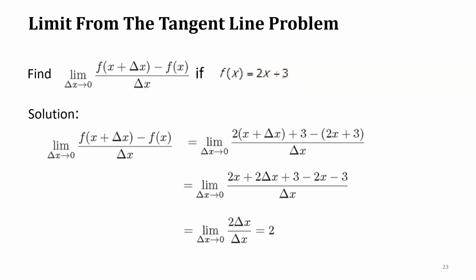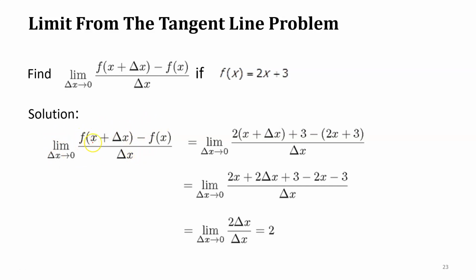Okay, now you need to find this limit when you are given f of x equal to 2x plus 3. So the solution is that, you see, this formula is given to you. So you need to substitute it.